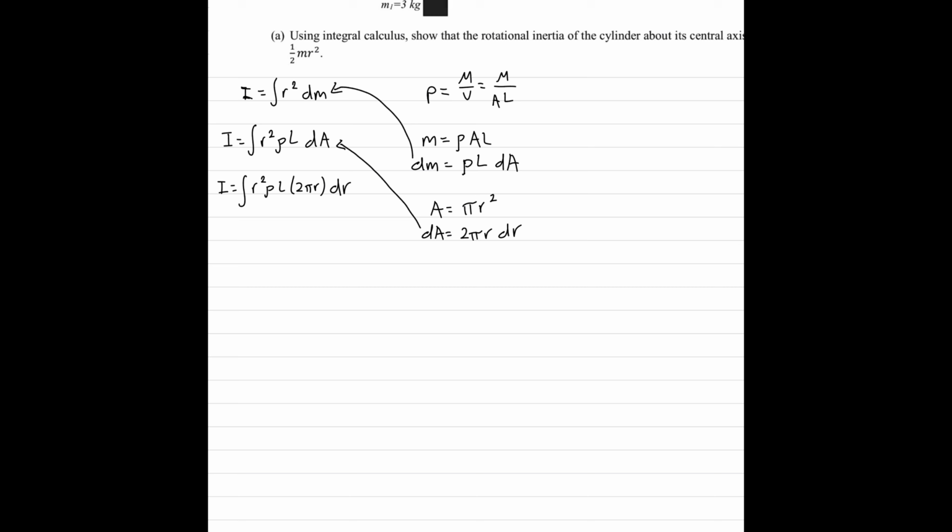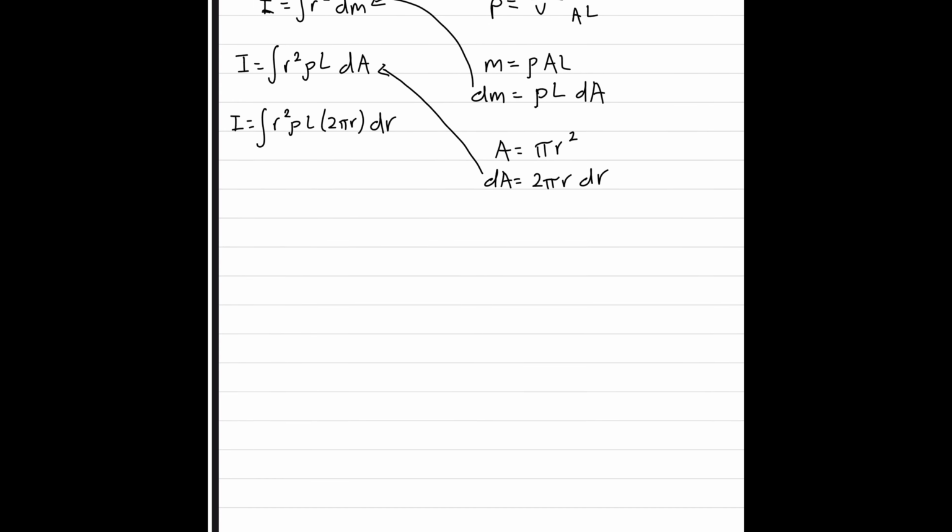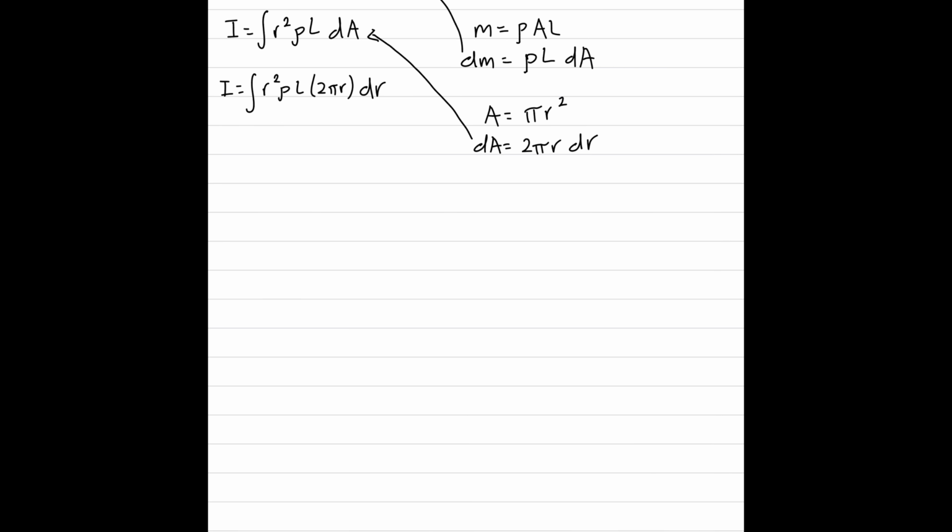Again, now we have respect to r. We can pull out constants. We want it to be in respect of r, so we can just pull out anything that is not r. So 2 pi, then rho, then the length, then the integral of r cubed dr, right?